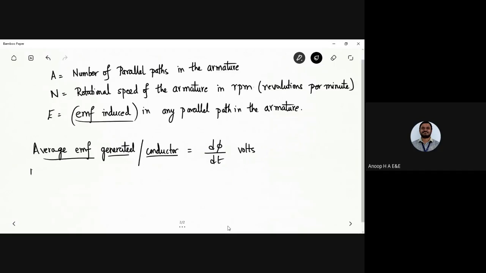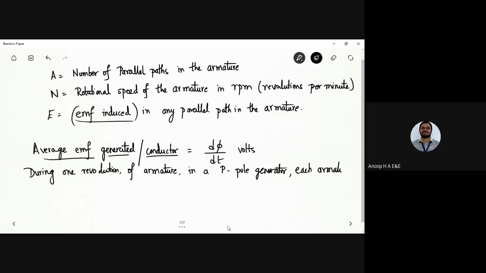Now during one revolution of the armature in a P pole generator, each armature conductor cuts the magnetic flux P times.